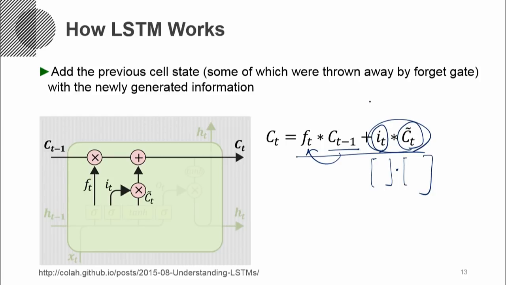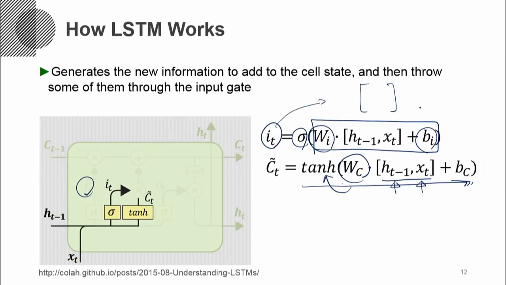And the reason for using this additional input gate to filter the cell state information that we currently generated is that the process of generating this current cell state information was done by a relatively simple linear transformation followed by the tanh layer.